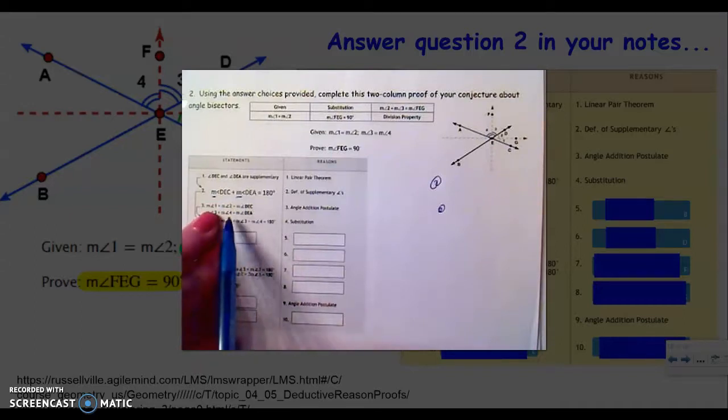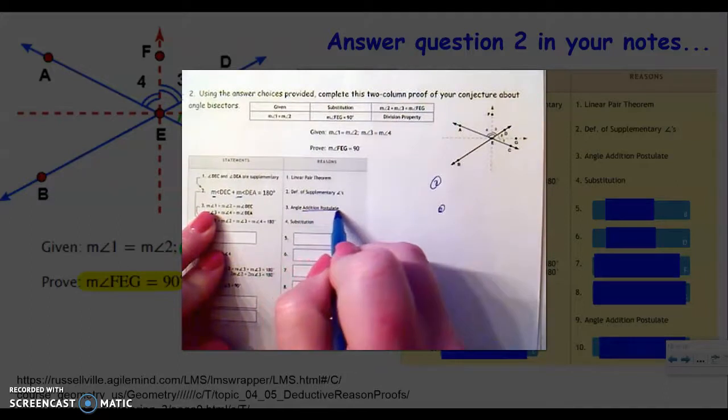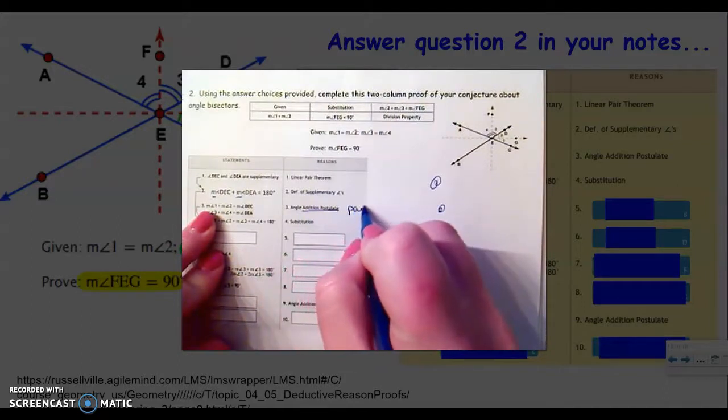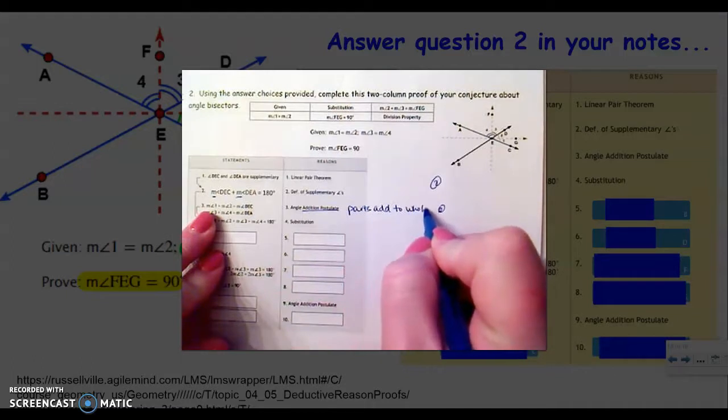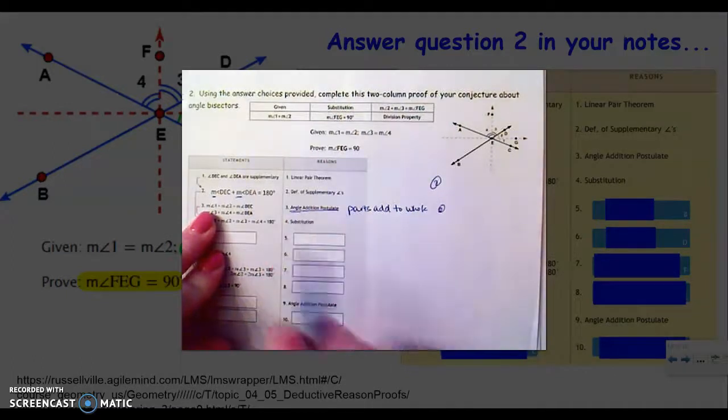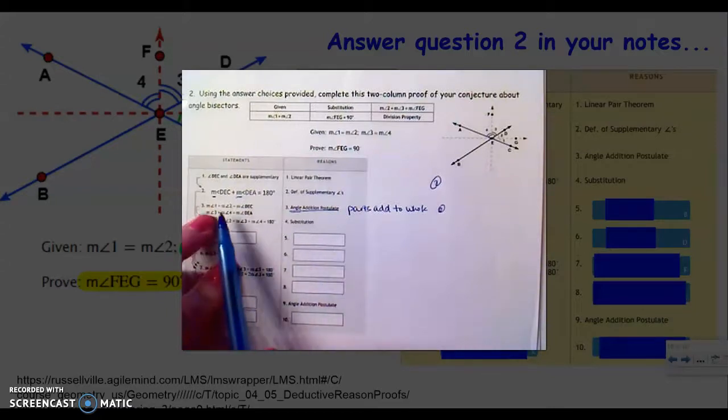So now we're going to use the angle addition postulate. Anytime you see addition postulate, I want you to think parts add to the whole. And in this case, we're looking at angle parts adding to the whole angle. And so it has 2 different pairs that we're looking at.